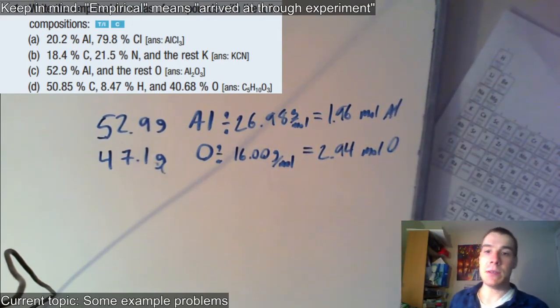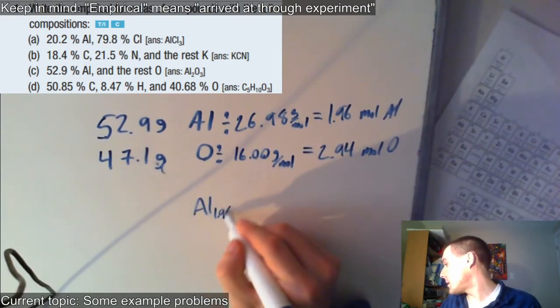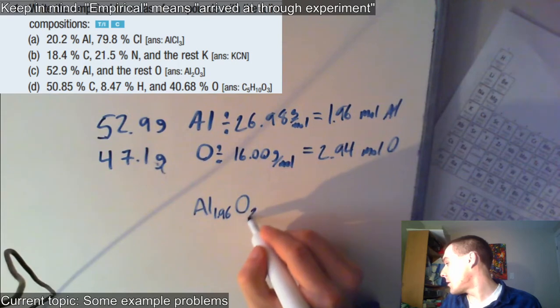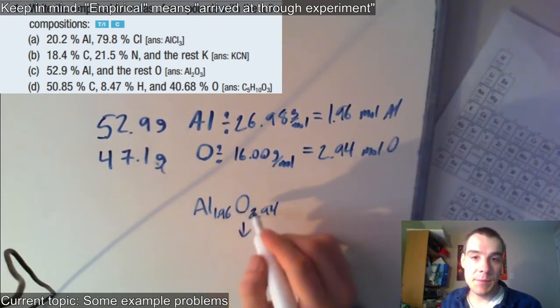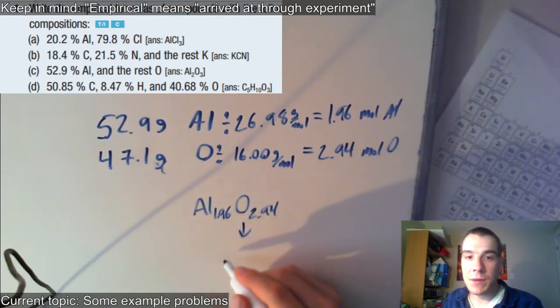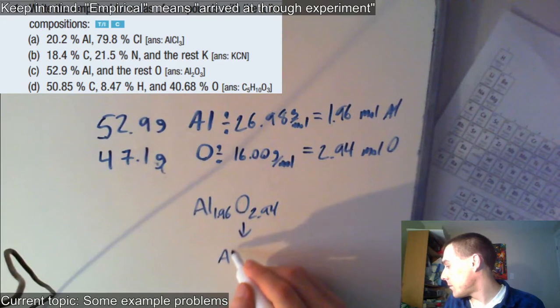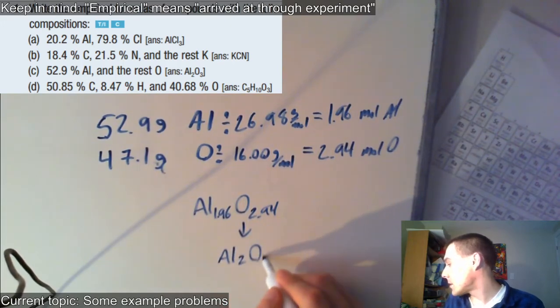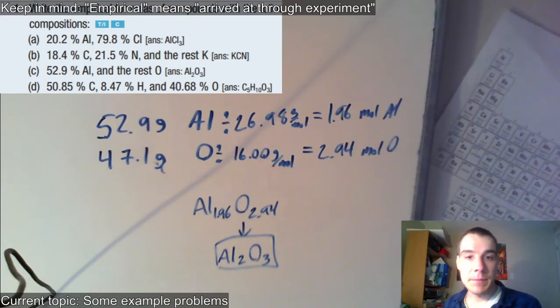I don't think we need to do that trick to divide again. It looks like it's aluminum 1.96, oxygen 2.94, and simplest ratio, that's pretty close to 2, and that's pretty close to 3. Really, really close. So let's call it aluminum 2, oxygen 3, and that'll be our empirical formula.